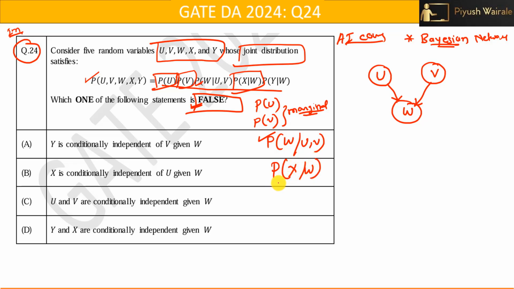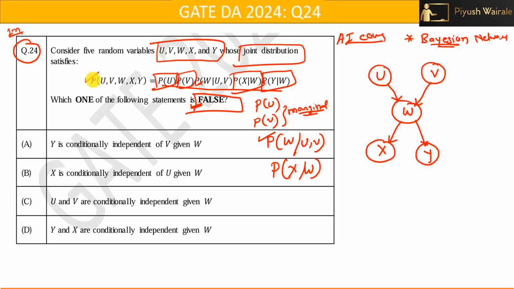It means X is dependent on W, so I have one more node X that is dependent on W. Now probability of Y given W is the same thing, a conditional probability, so Y is also dependent on W. This will be my Bayesian network for this joint distribution.